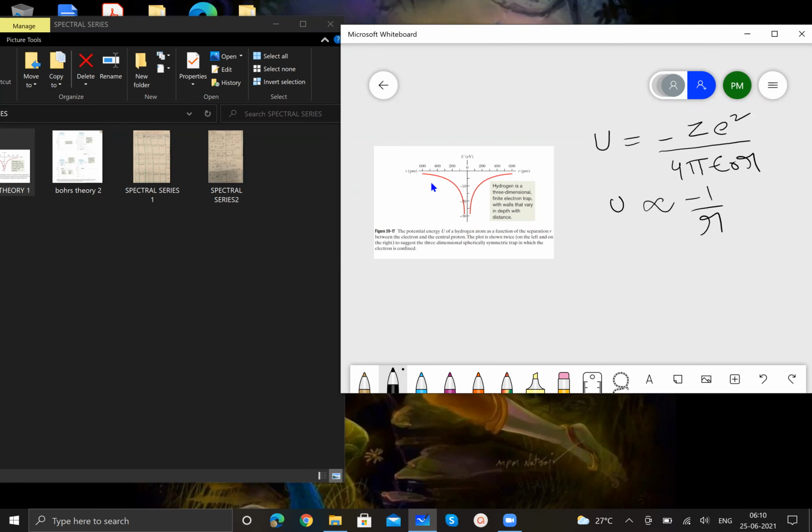Hence, we can conclude that U varies directly as minus 1 by R. That's how we have a graph towards the negative y-axis. So as R decreases, the potential energy keeps on increasing.